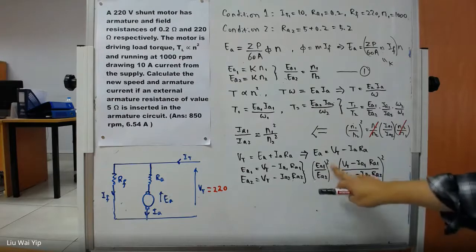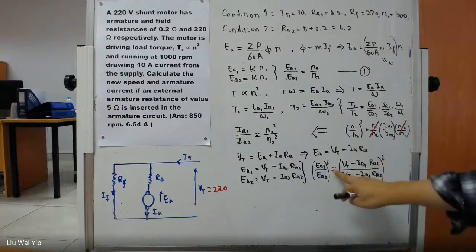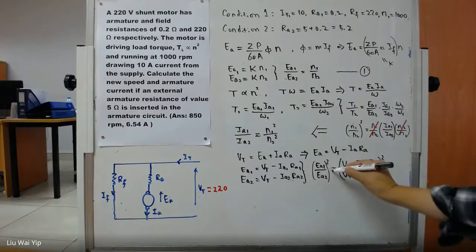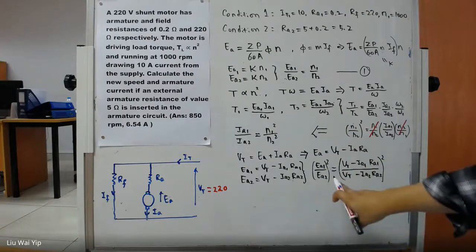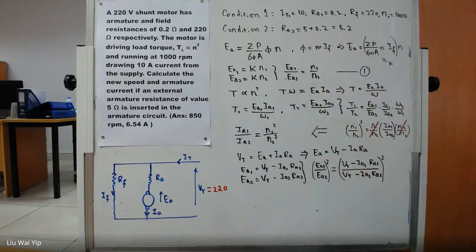So now we can say that the left side of the equation is EA1 over EA2, right? According to here, it is N1 over N2.